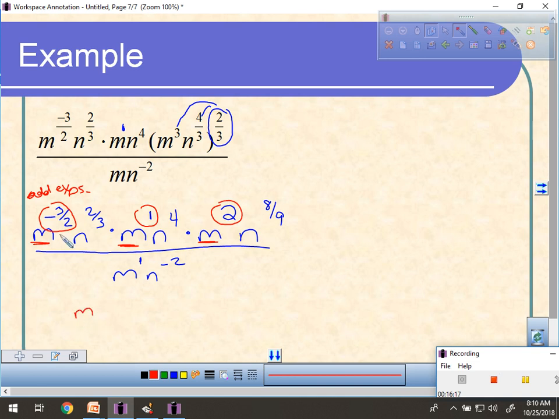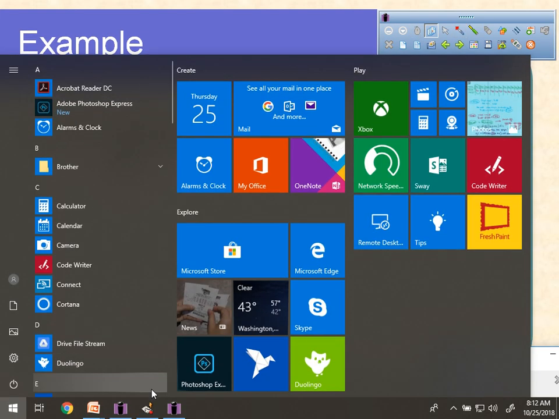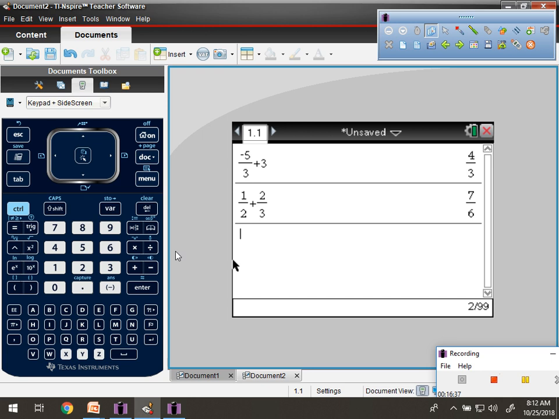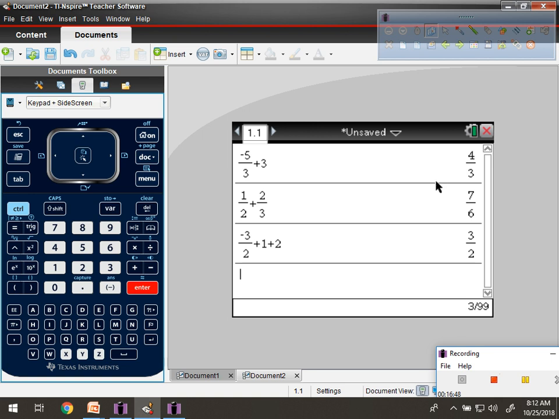You can do all this at one time in the calculator. I'm just curious what that's going to give me. So how to do that? You hit Control, divide, negative 3/2, and then put plus 1 plus 2, and that gives me 3/2.